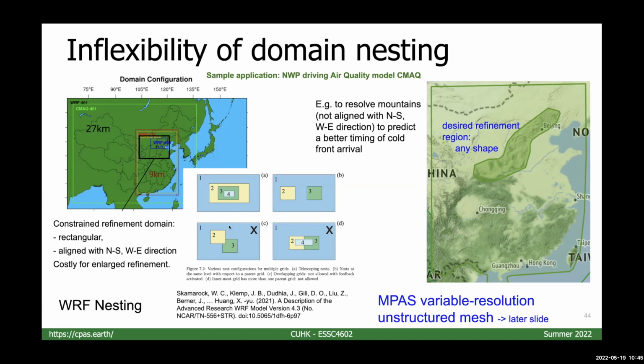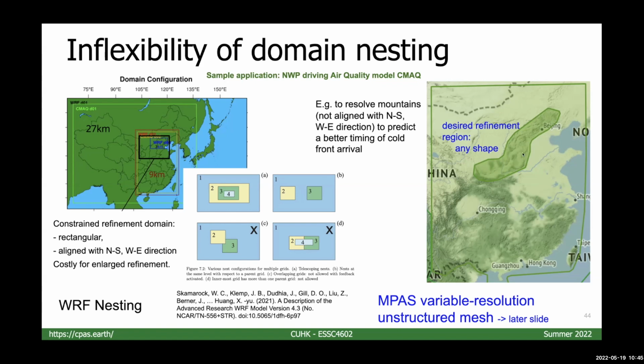And also you will note that after the map projection, the rectangular domain needs to be aligned with the north to south direction, or also the west to east direction. You cannot rotate the rectangular domain according to what you want. So I take this example, look at the figure on the right-hand side.